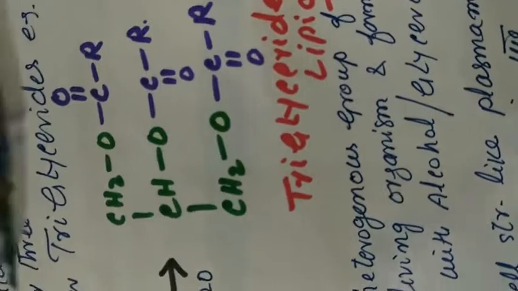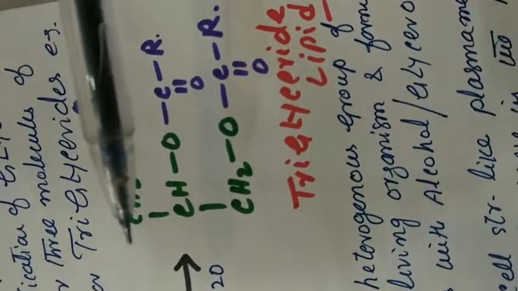This part is of the glycerol, CH2O, and this CO or COR on this side is actually the part of fatty acids which have combined to form a triglyceride. So these lipids are heterogeneous organic compounds found in all living organisms and formed by the combination of fatty acids and alcohol or glycerol as seen in this sketch, through ester linkages.